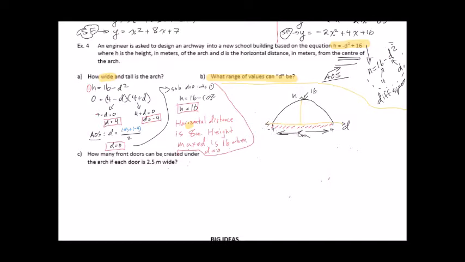So, in this case, we're going to say D is greater than or equal to -4 and D is less than or equal to 4.